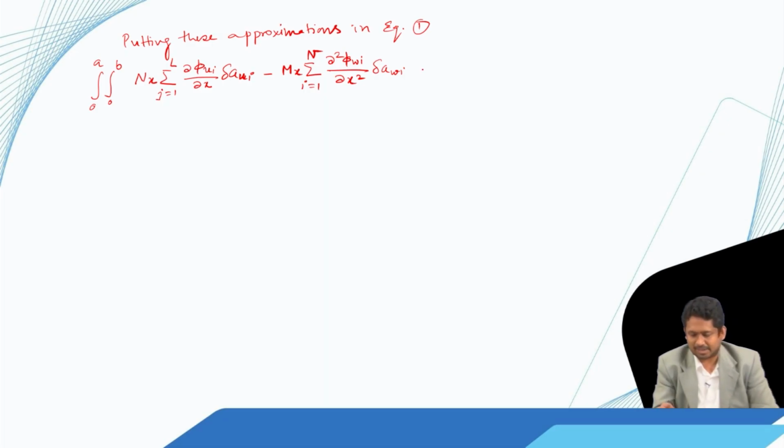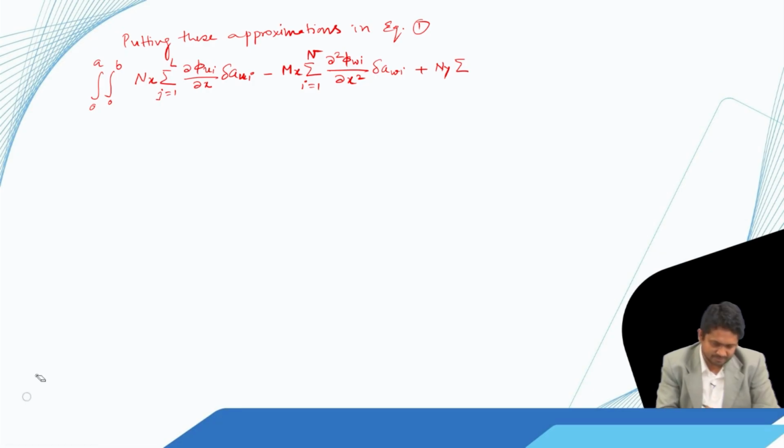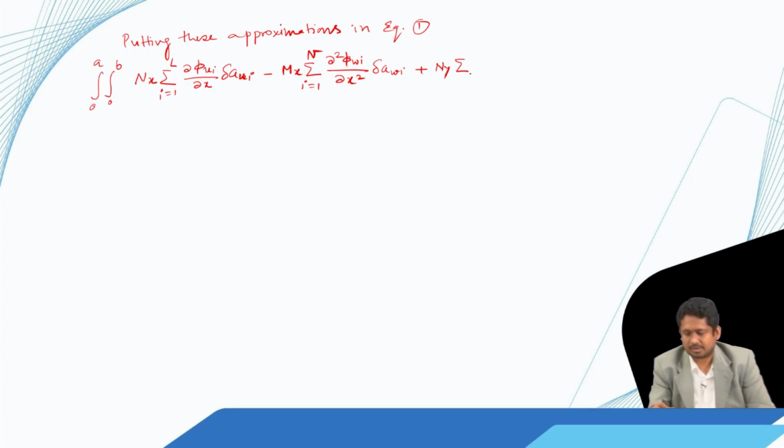Then we have plus ny multiplied by del v0 by del y. Just one correction here, this index should go from I equal to 1 to m, not n.